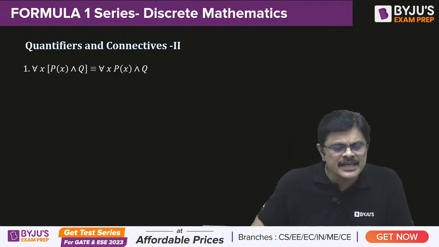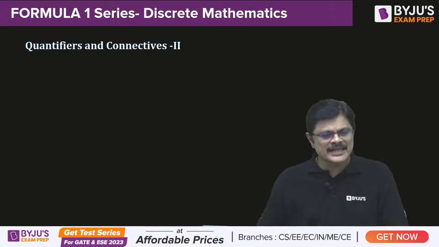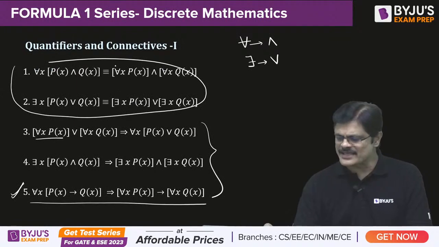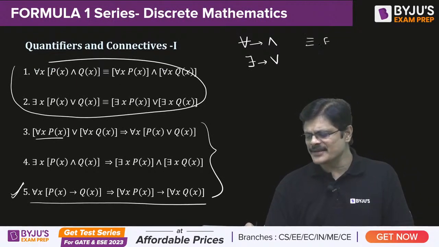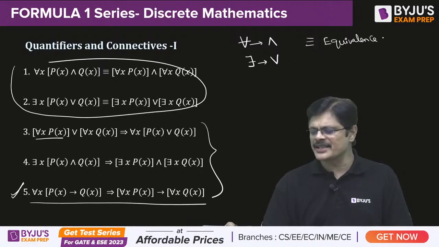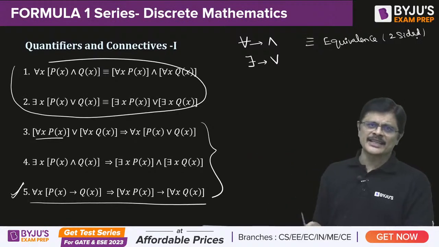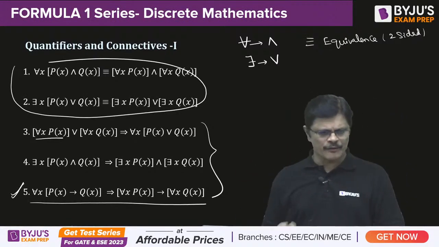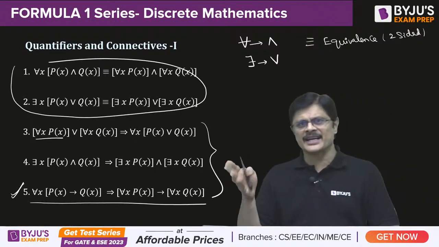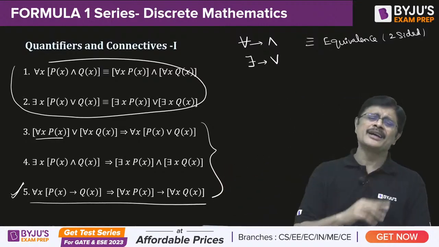Sir, for the first and second there is a triple equal sign. Yeah, that's what I said, sir. This is equivalence. Two-sided condition means if the left side is given you can write the right side, and if the right side is given you can write the left side.